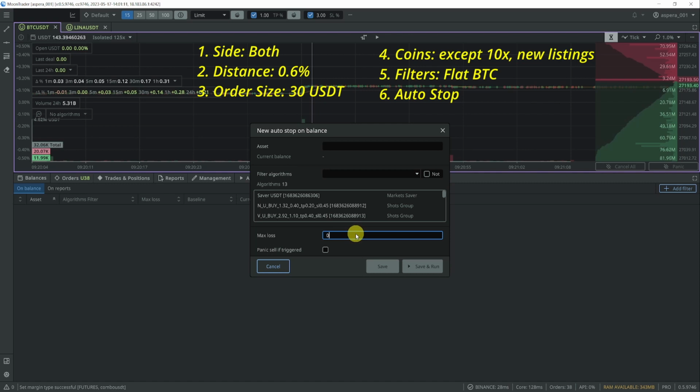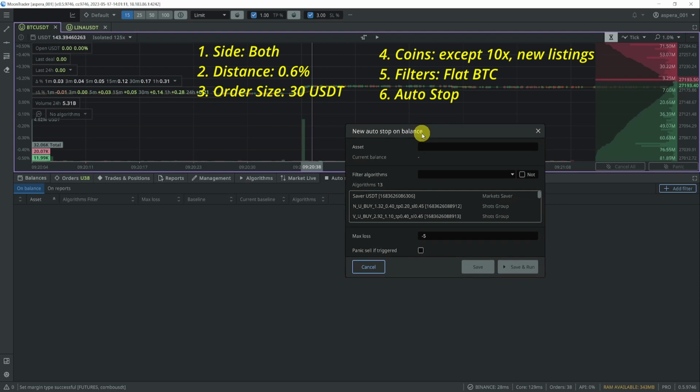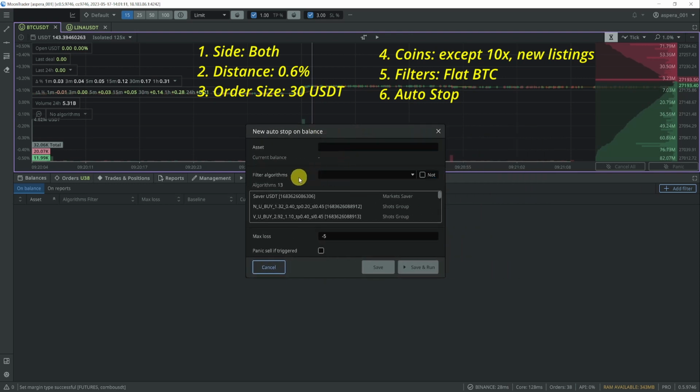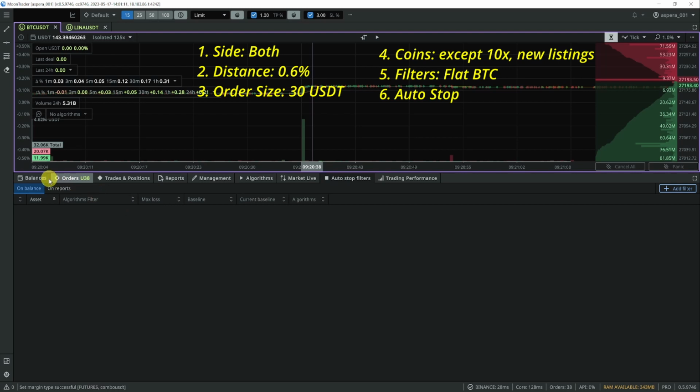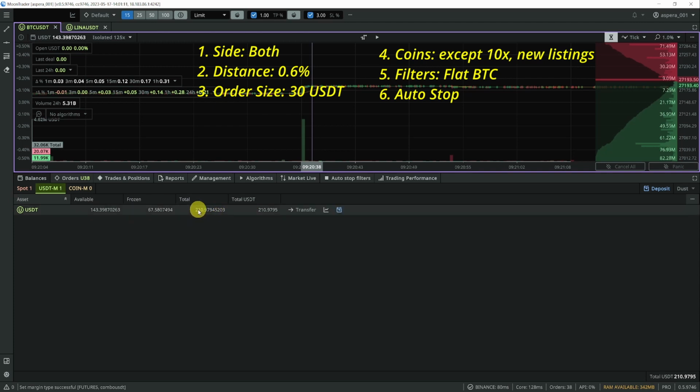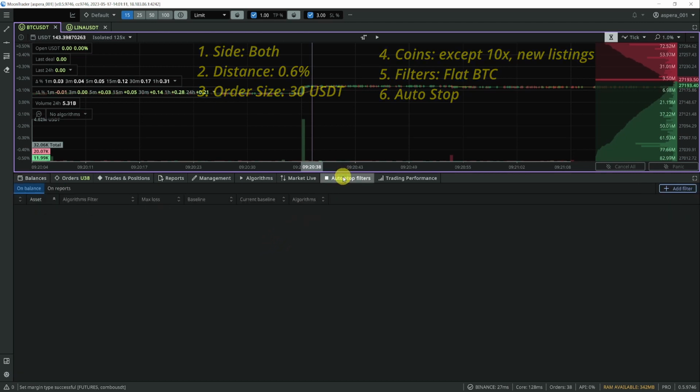If, for example, you lose 5 USDT overall, compared to the original balance right here, where is it? Well, there should be a baseline somewhere. I think it takes the current balance. Yeah, so if you lose, for example, 5 USDT from this amount, then it stops all trading and lets you review what happened and try to make some adjustments. So we'll use an auto stop filter as well.